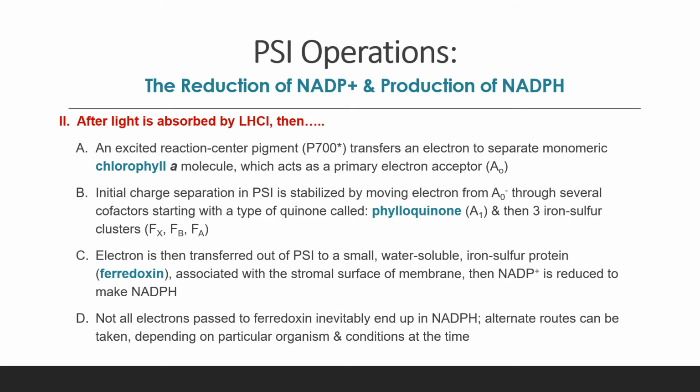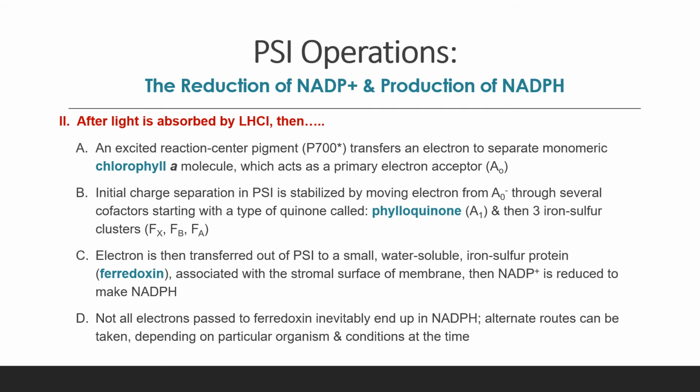The initial charge separation in photosystem 1 is stabilized by moving the electron from A sub 0 through several cofactors, starting with a type of quinone called phylloquinone, denoted as A sub 1, and then 3 iron-sulfur clusters known as F sub X, F sub B, and F sub A.